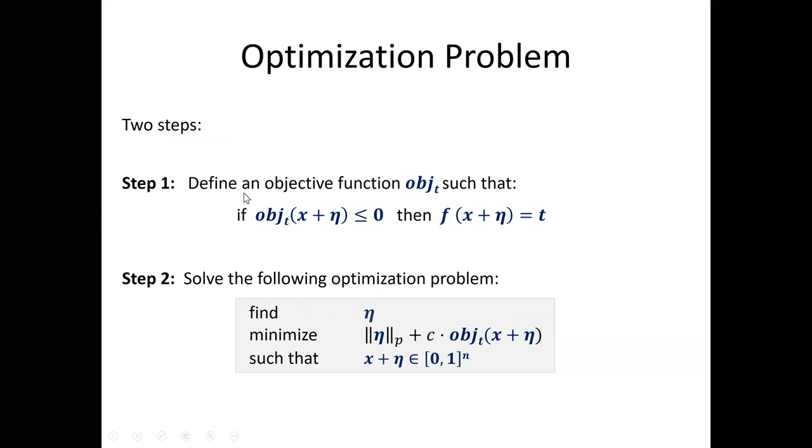But let's start with the first problem of dealing with the hard constraint. What Carlini and Wagner explored is this idea where you replace the hard objective with a softer objective, this opt-t, and the softer objective has the following mathematical property. This function opt-t of the adversarial example x plus eta, if it is less than or equal to 0, then you're guaranteed that x plus eta is an adversarial example, that it will get classified to the label t.